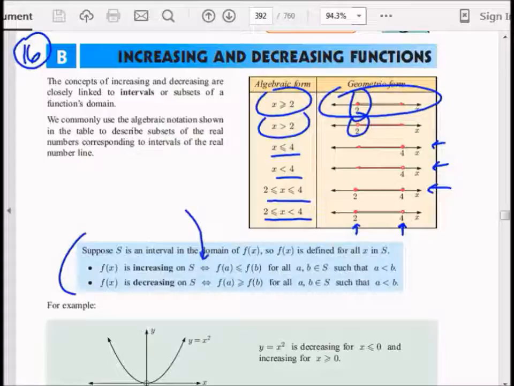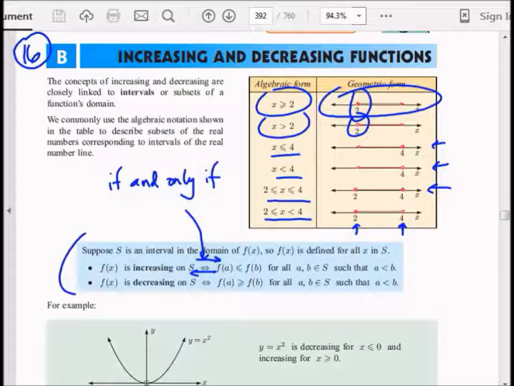Please remember that this notation here means if and only if. That means that this statement works in both directions. If this is happening, then the function is increasing on S, and vice versa.